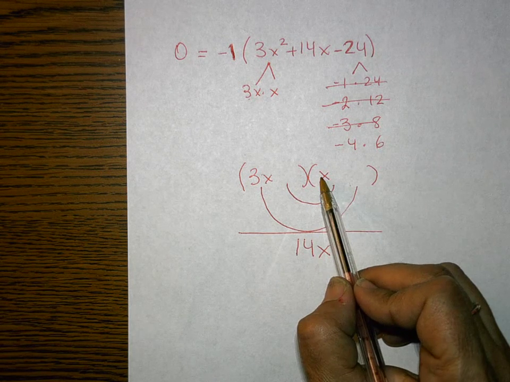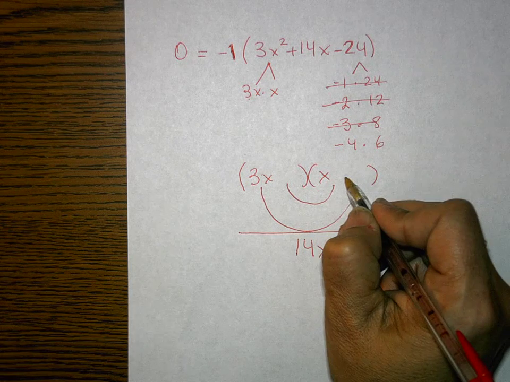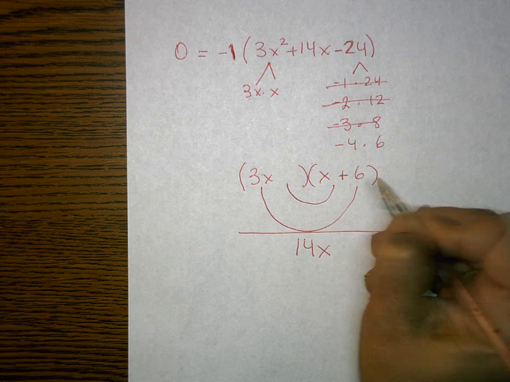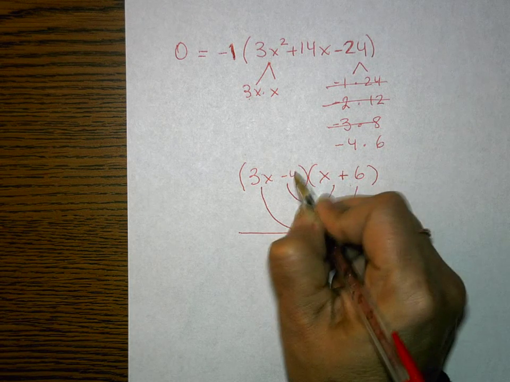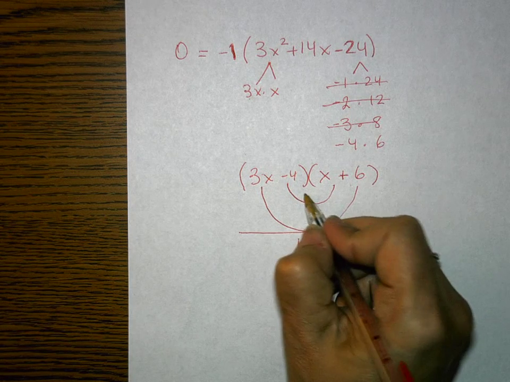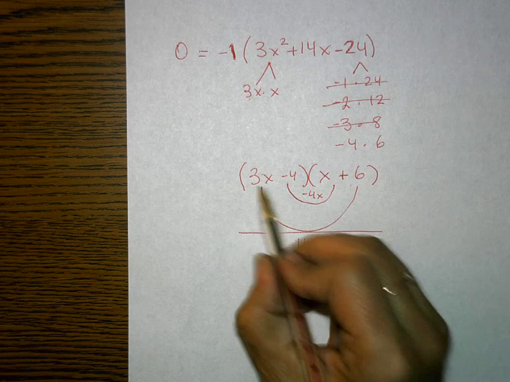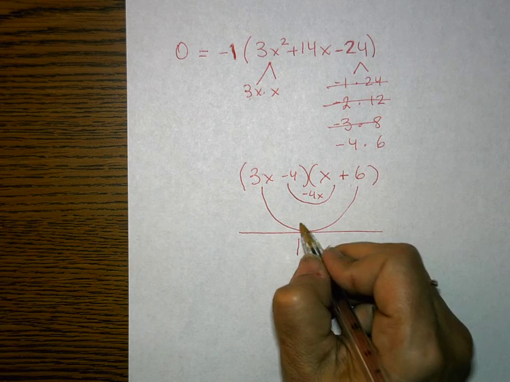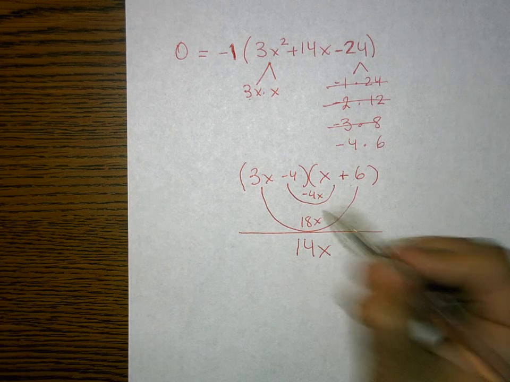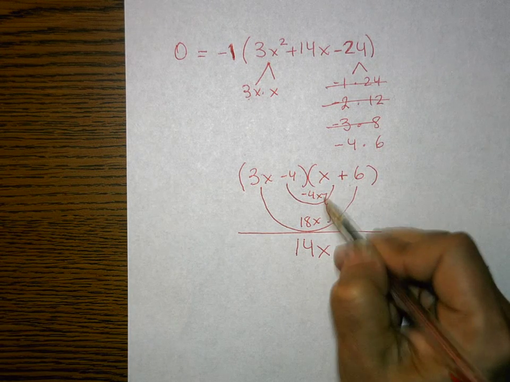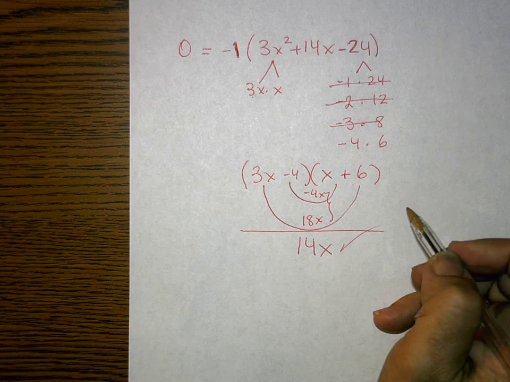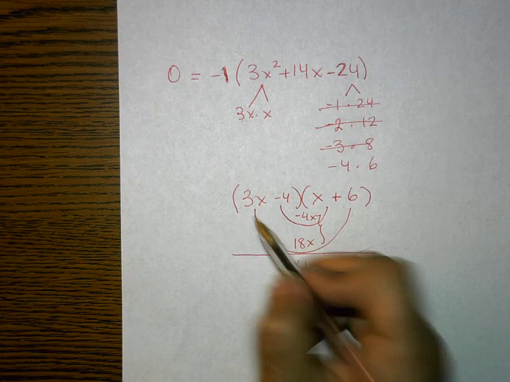Let's try it. If it's not, we'll fix it. A positive 6 here, a negative 4 here. Negative 4 times x is negative 4x. 3 times 6 is 18x. When we add these two, we get 14x. So there we go, and our factoring is this value right here.